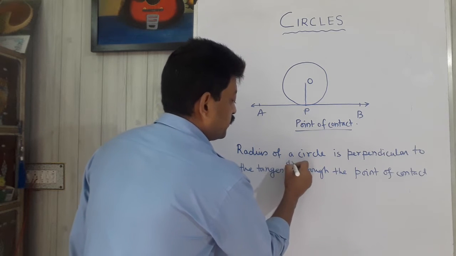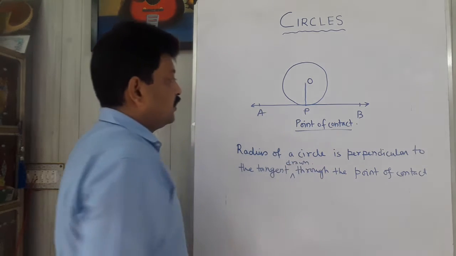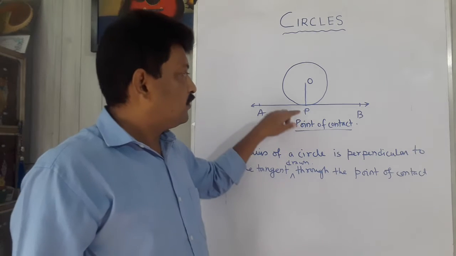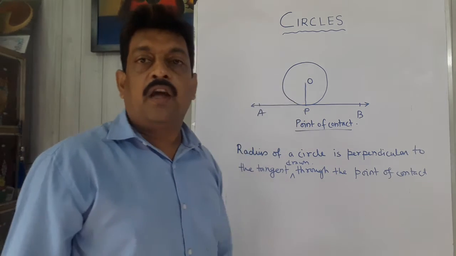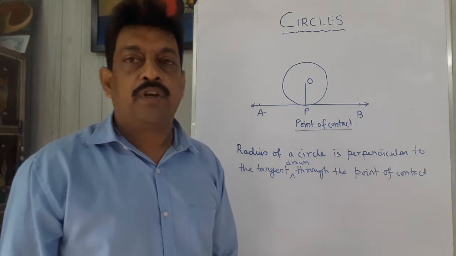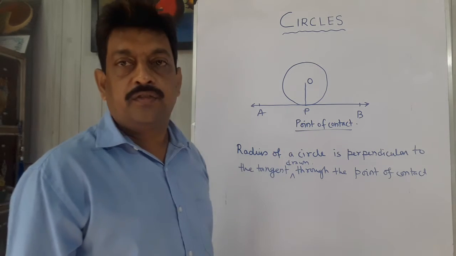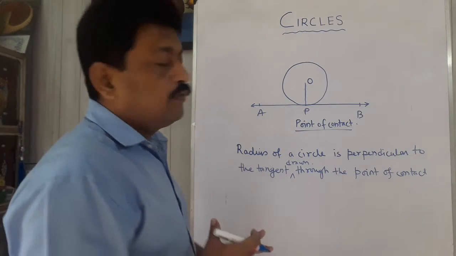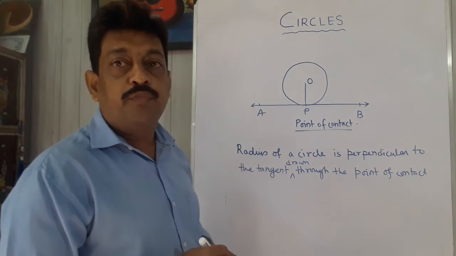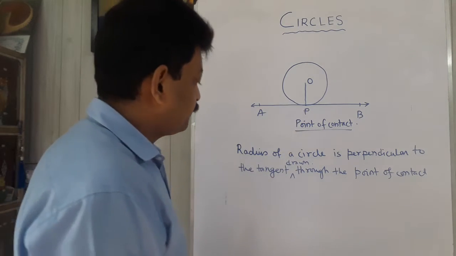Drawn through the point of contact means if a tangent is drawn, then through the point of contact a radius is drawn, that radius will become perpendicular to the tangent. Okay, so let me just explain to you how this theorem is proved.